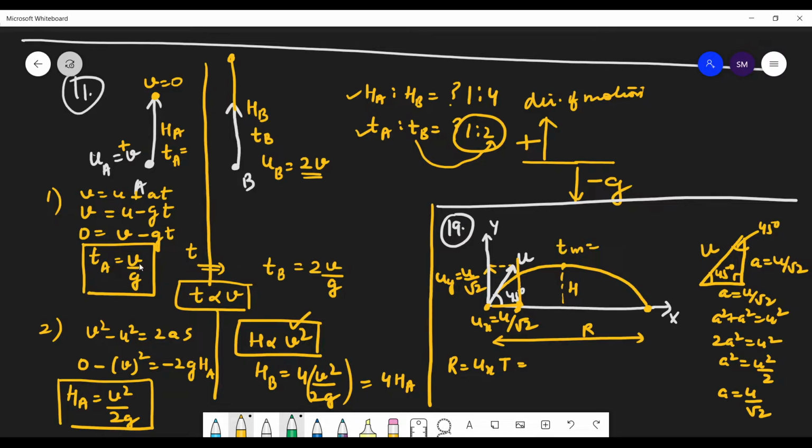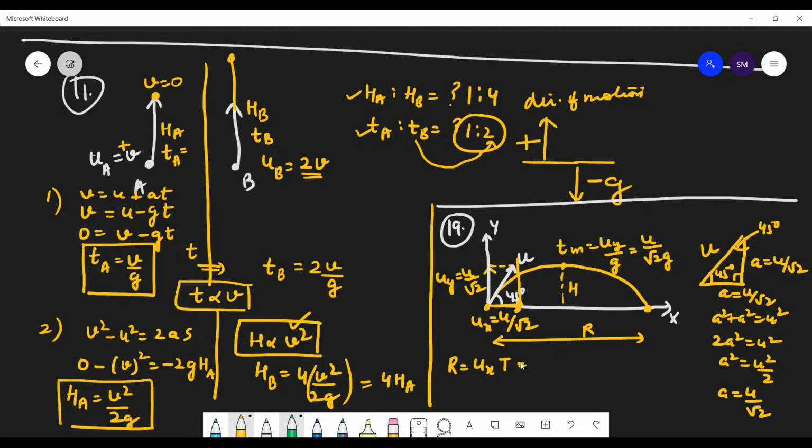What is the formula? U by g. So here we are taking the time taken to reach the maximum height, so vertical distance is traveled. So which component of velocity are we going to take? Uy, divided by g. Yes, sir. So what is Uy? U by root 2. So time to reach maximum height is U by root 2 g.